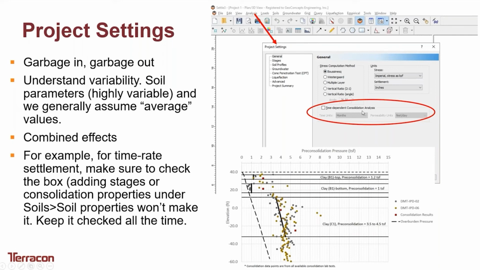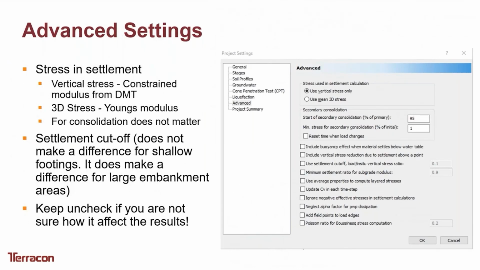For the time-dependent consolidation analysis, you need to make sure you check this one, especially when you are doing the consolidation testing, because if you don't do it from the beginning, it may cause some issues, so make sure you start right from the beginning. Some of the advanced settings, as Ahmed explained in the beginning: you can use the vertical stress and the mean 3D stress.